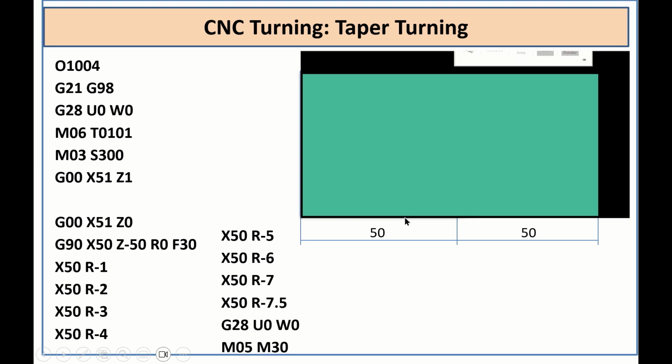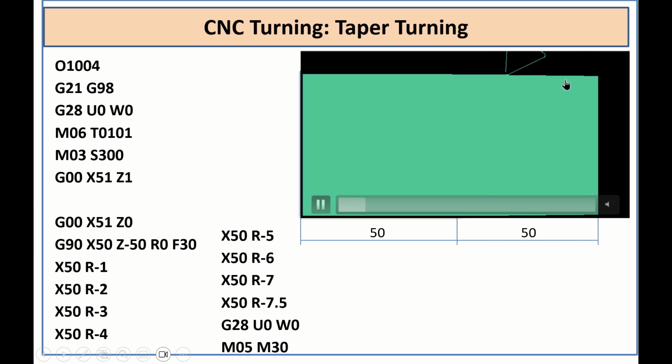Now let us run this program in the software. If you run this program, see here, initially I gave R is equal to 0, so it is not taking any depth. For the second cycle it is taking 1 mm, and the third cycle it takes more, and like that it keeps on performing the tapering operation until we get the required diameter of the workpiece on the other side.